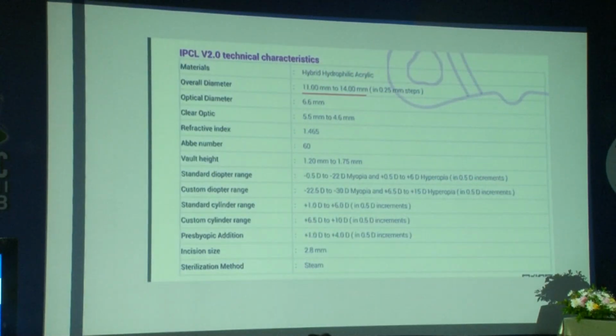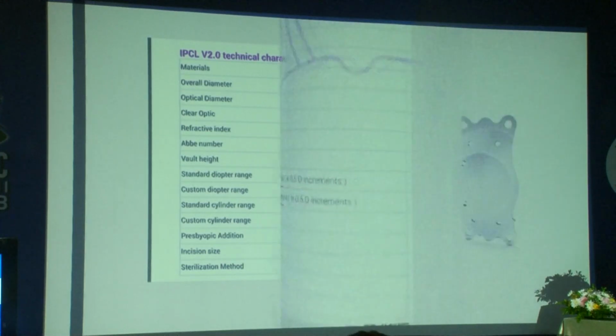It's available in a more extended range of sizes from 11 to 14 millimeters, and the regular lenses come up to 22 diopters of myopia, with 6 diopters of hyperopia, but there is a custom diopter range which is quite great, because you'll commonly get patients who have more than 20 diopters, and up to 15 diopters of hyperopia is also available.